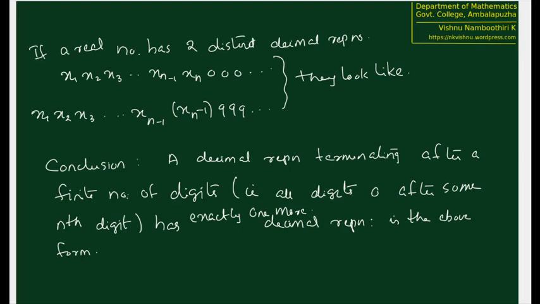So if for example we consider 1.25, then the representation 1.24999 etc. is the same, because here it is 0 afterwards, here it is 1 less than that 5, and after that everything 9. These two representations are exactly the same.